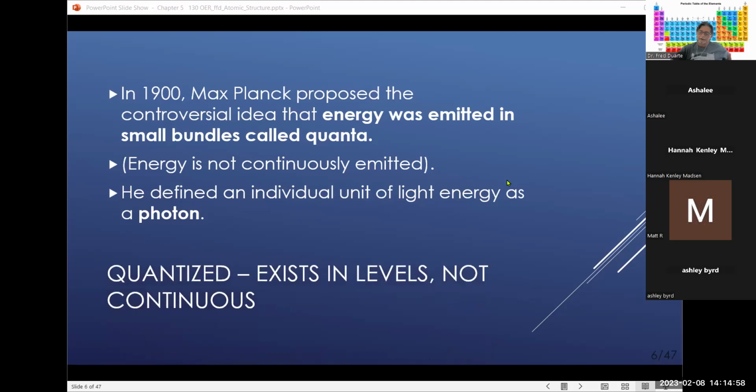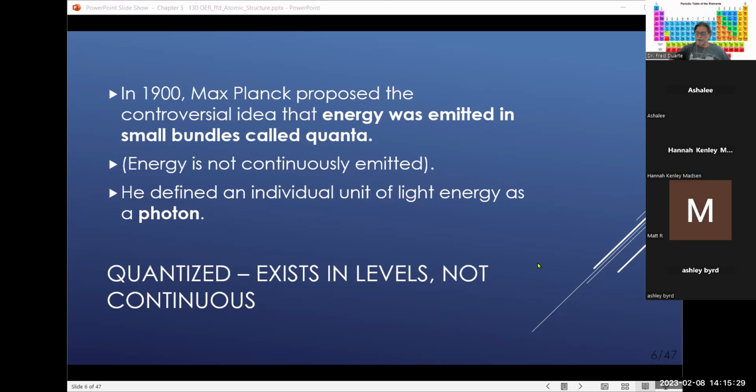So we use the term quantized, meaning these are energy levels at a specific amount of energy. Those 7 energy levels I spoke to you about on the periodic table, those are quantized energy levels. Going from energy level 1, there's a specific amount of energy associated with that, to number 2, to number 3, etc.